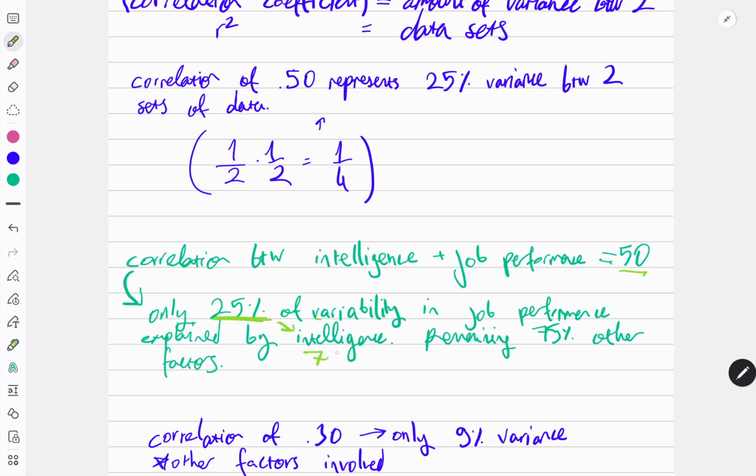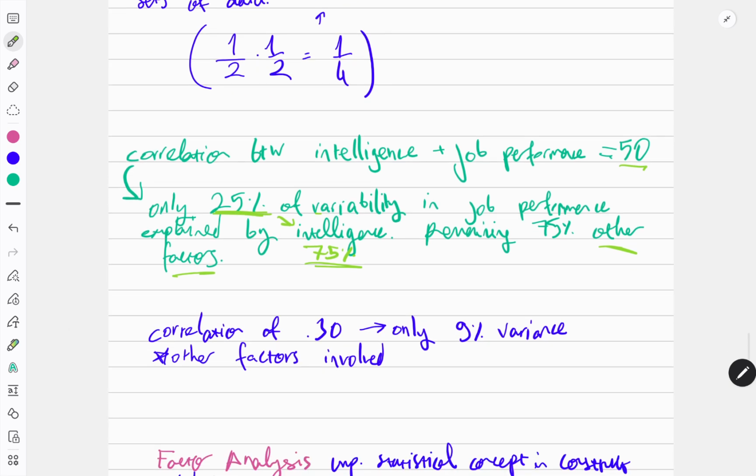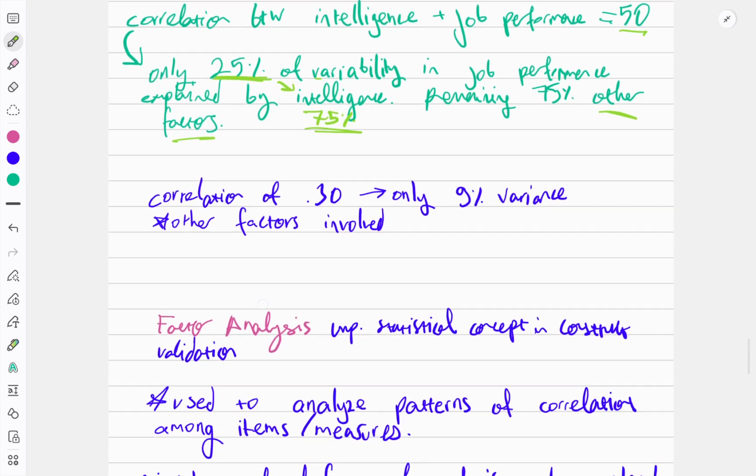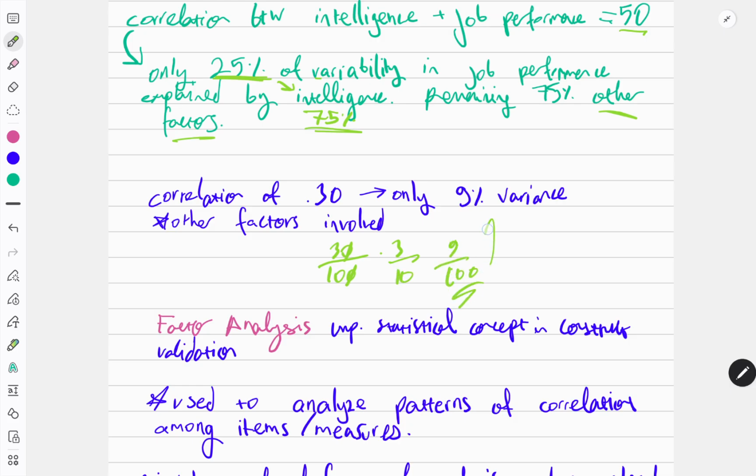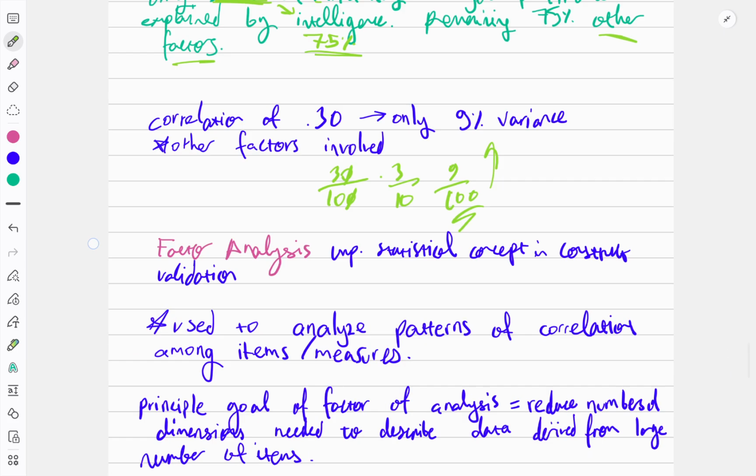The rest, the 75%, is explained by other factors. So it's not really related. We didn't find a significant result. Based on this information, a correlation of 0.3, as you can see, explains only 9% of the variance, and other factors are involved.